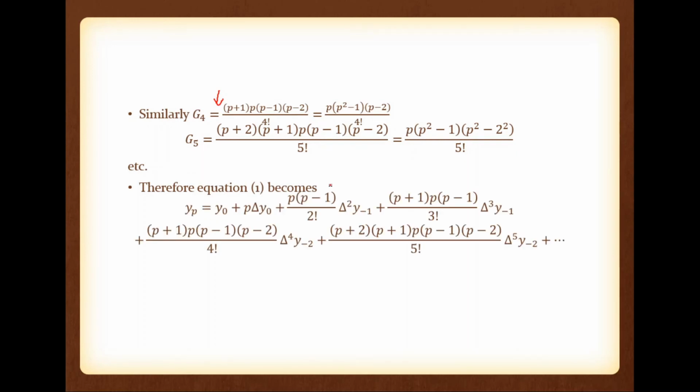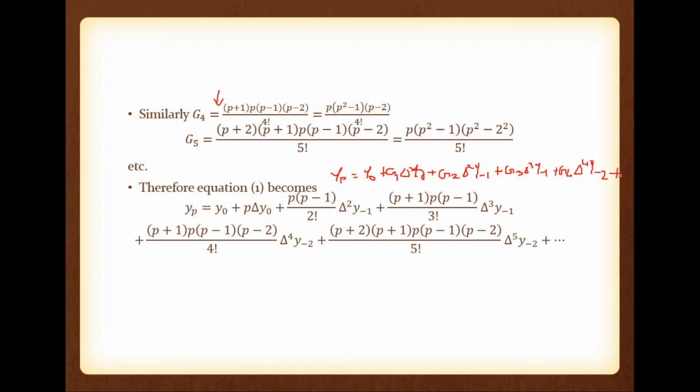Equation number 1 is Yp is equal to y0 plus g1 delta y0 plus g2 delta square y minus 1 plus g3 delta cube y minus 1 plus g4 delta raised to 4 y minus 2 plus etc.